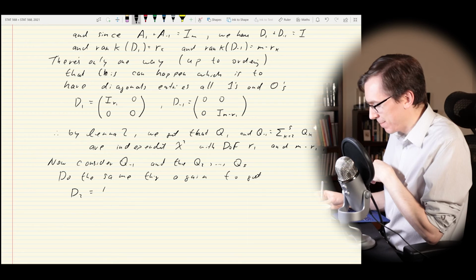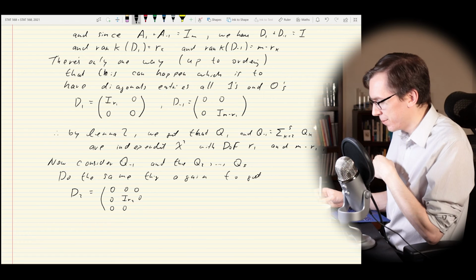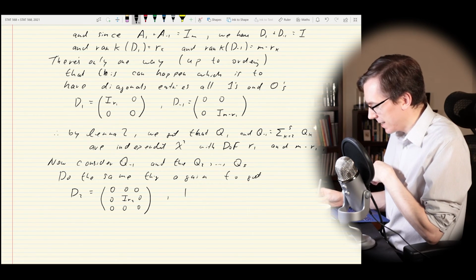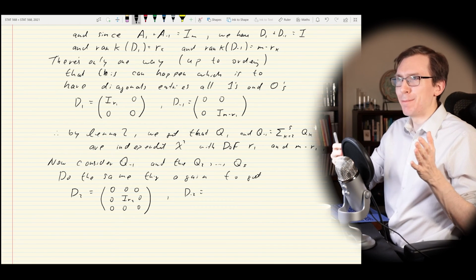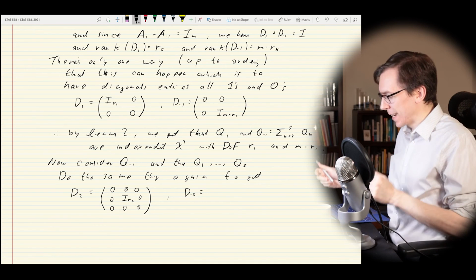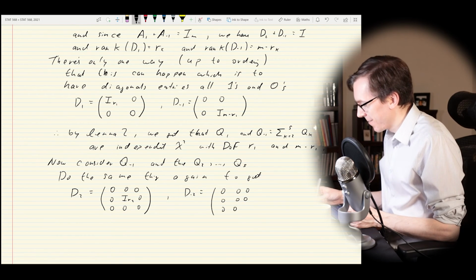We end up with an identity matrix of dimension R2, and D minus 2, which is the sum of D3 through DS, with an identity of dimension M minus R1 minus R2.